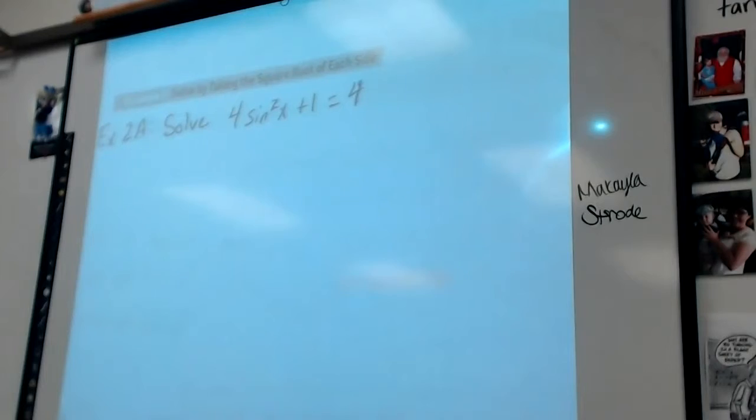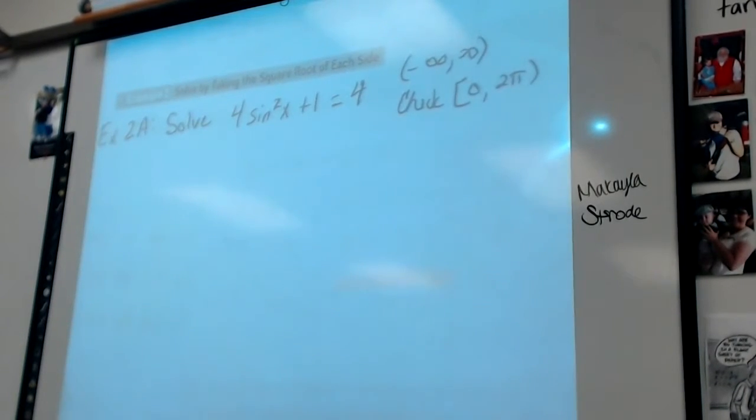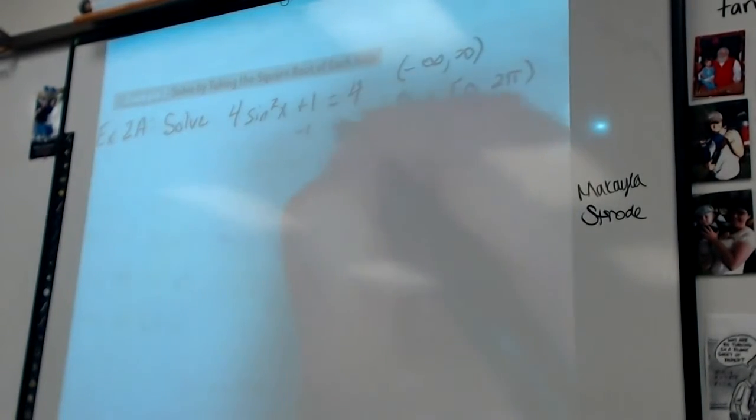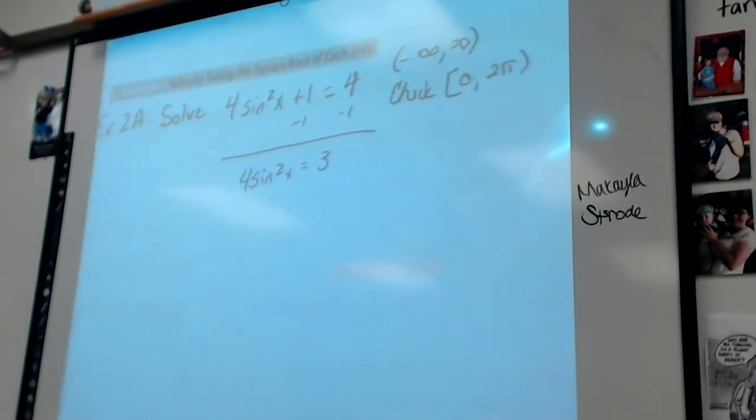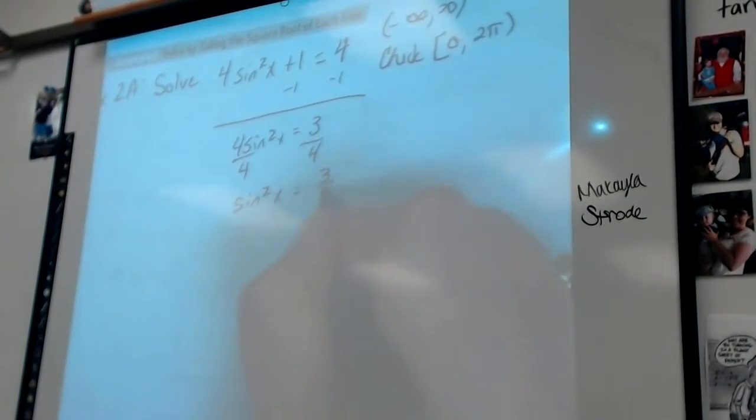If it doesn't give you an interval, then you assume that you're solving for negative infinity to positive infinity. But when we get our answer in a minute, we're going to check 0 to 2 pi. Subtract 1 from both sides. So we have 4 sine squared x equals 3. Divide by 4. So sine squared x equals 3/4.